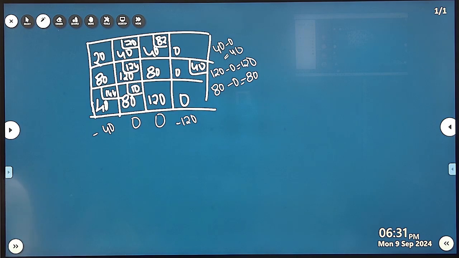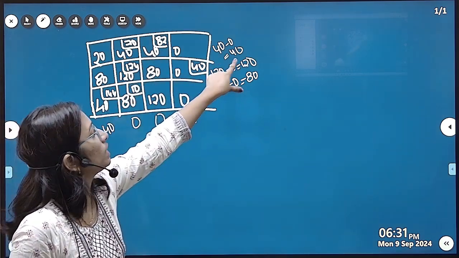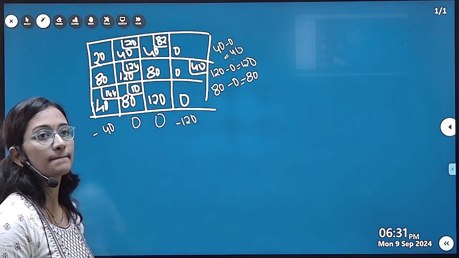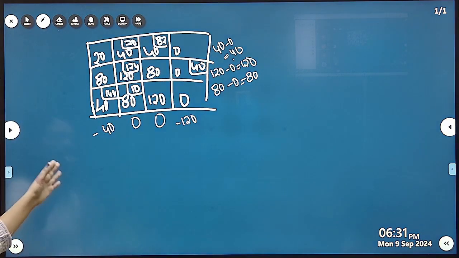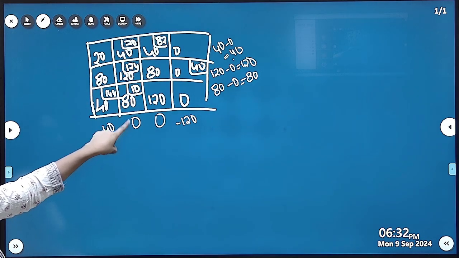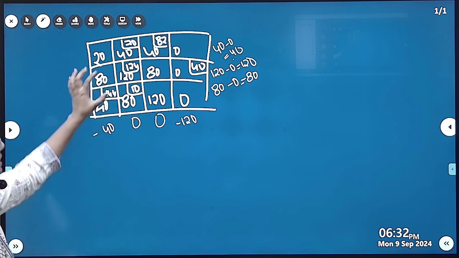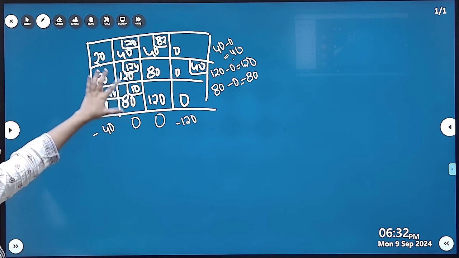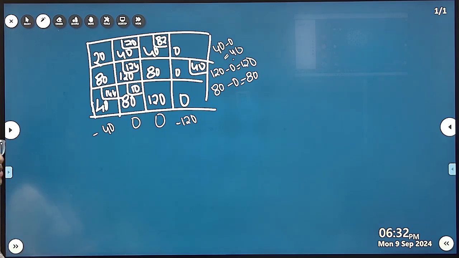Online, tell me, is this clear or not? So this 40 minus 40 is 0, right? You can take any row or any column as 0, but while doing so, look at the number of occupied cells in that column or row. Here this column has the most occupied cells, so that's why I made it 0, and we'll get a solution very easily.